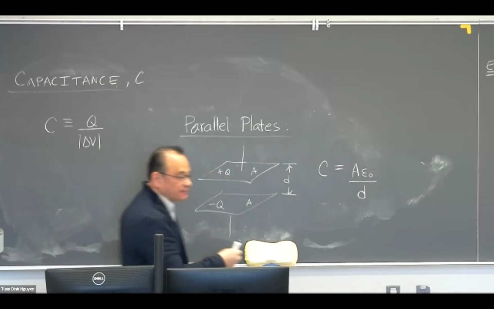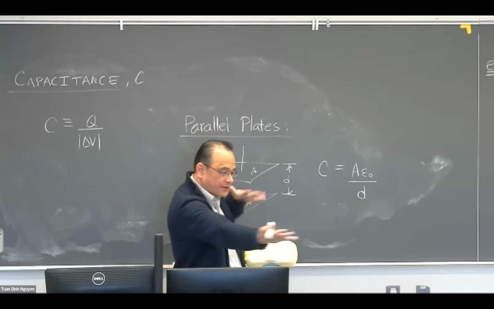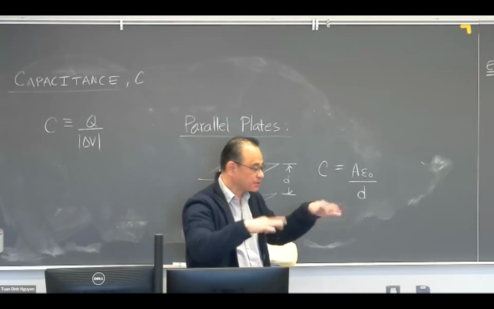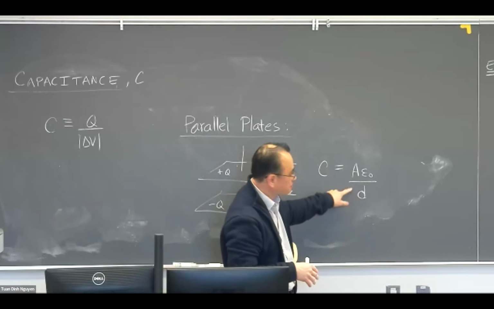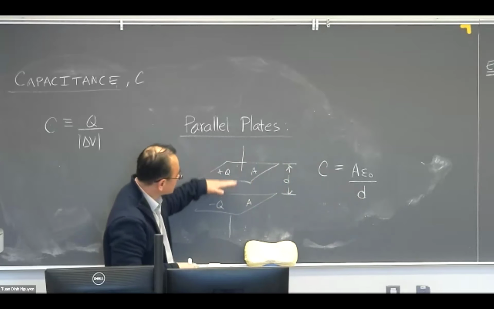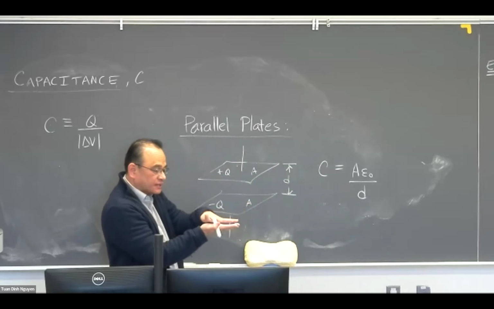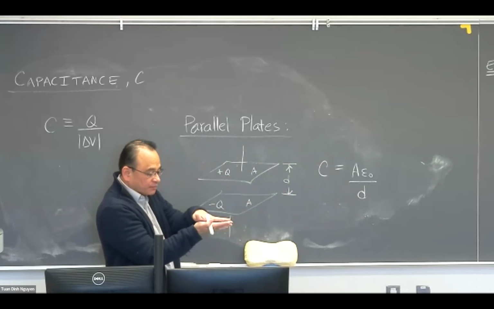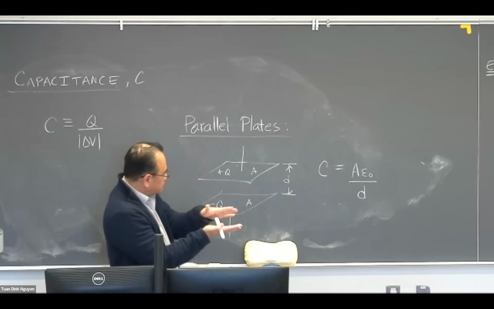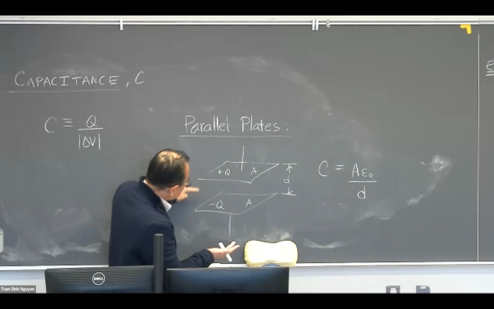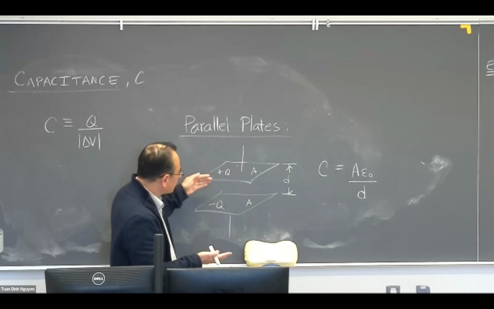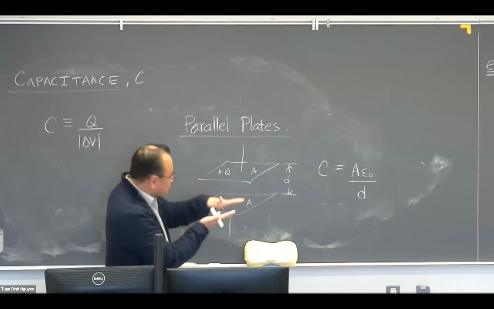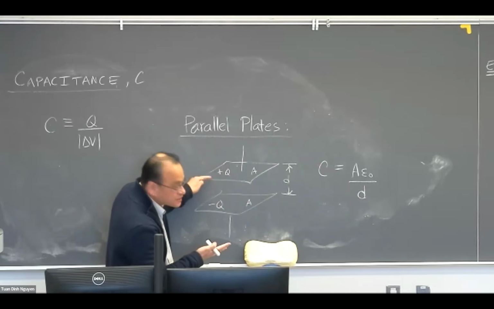So it depends on the area. That makes sense. If you make it wider, bigger, you have more places to put charge. And it's inversely proportional to the separation. That also makes sense, because if you decrease the separation, the potential decreases, because there's not that much distance to jump.